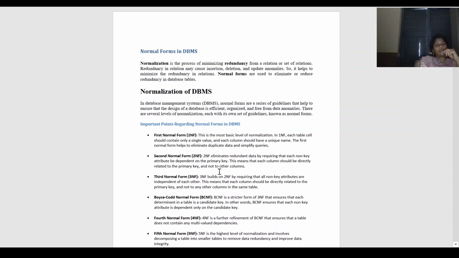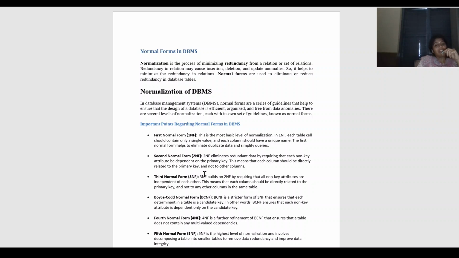And now third normal form. Before going to third normal form, the table should be in the second normal form. The third normal form builds on second NF by requiring that all non-key attributes are independent of each other. It should not be in dependent form. It should be in the independent form.